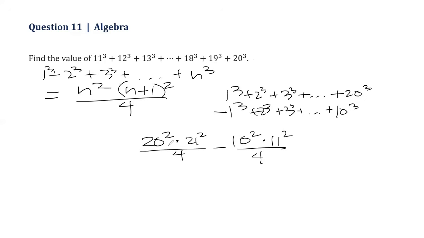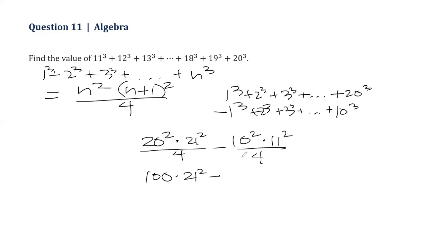So this should give us, 20 squared is 400. If you divide it by 4, that is 100. And 10 squared is 100.